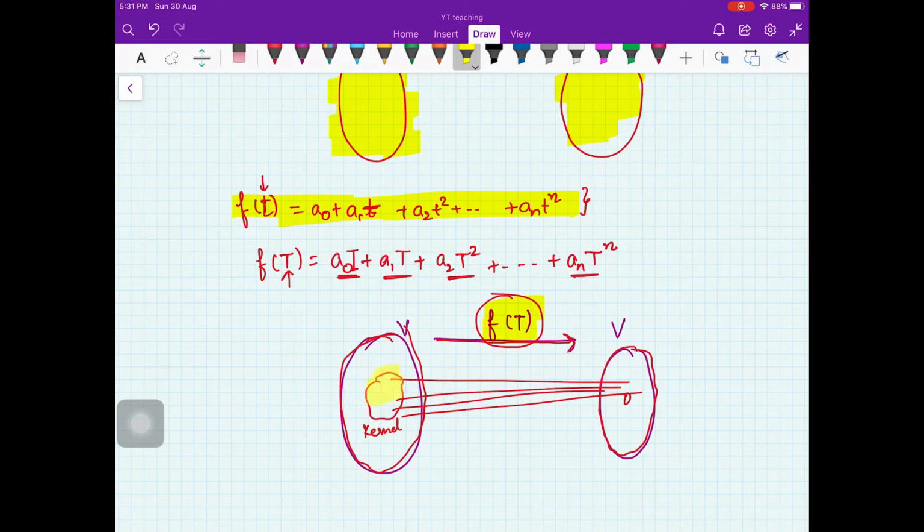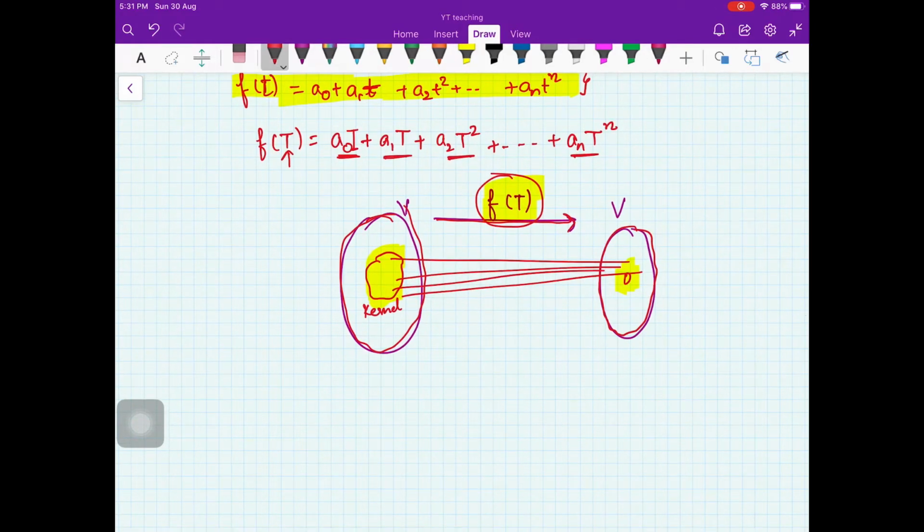Now you want to prove something about the kernel of f(T). The kernel of f(T) means all those elements which are mapped to 0, and they form a subspace of V. We want to prove that the kernel of f(T) is invariant under T.